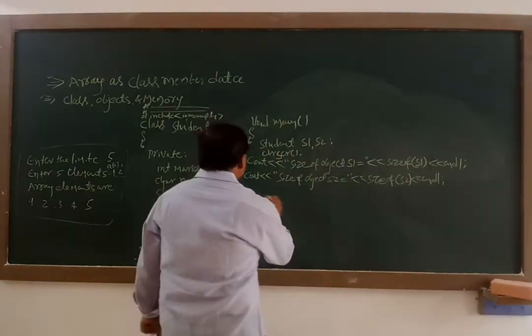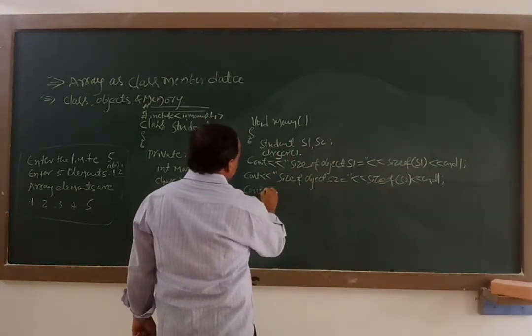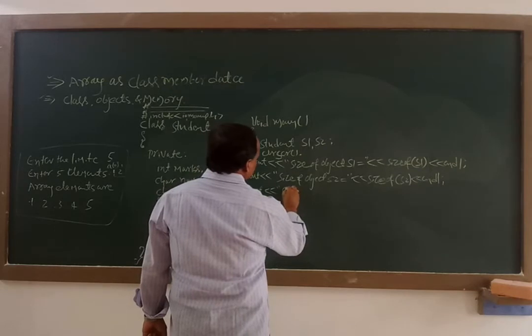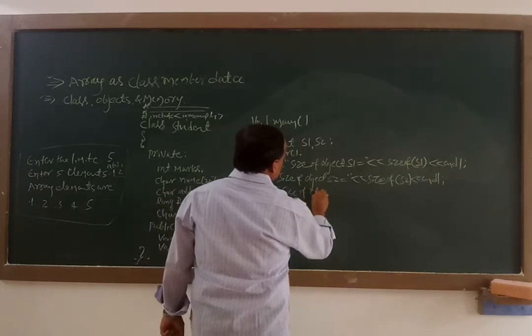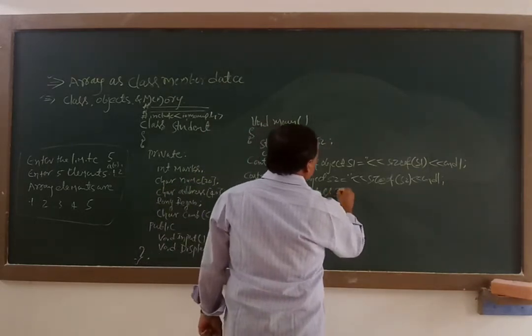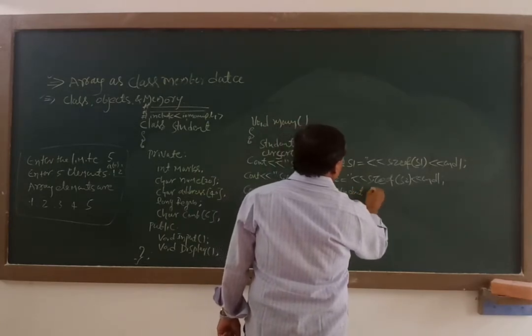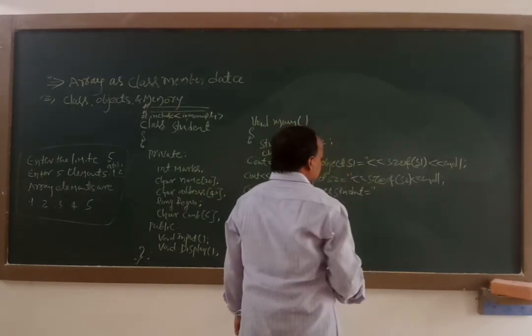Next one is cout sizeof class student is equal to, right?